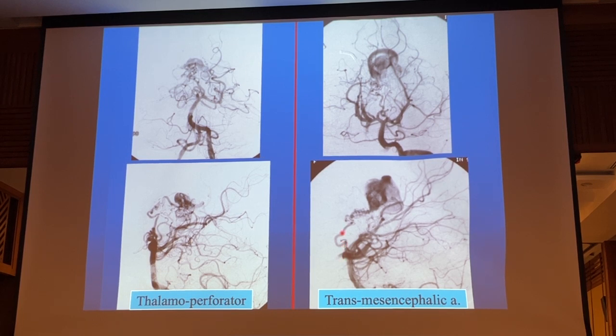This is going through the brain, through the midbrain, and reaches this AVM. This artery is dangerous to embolize. If you pass through the midbrain, you can actually cause infarct in the midbrain. You have to differentiate the thalamoperforator versus transmesencephalic arteries.